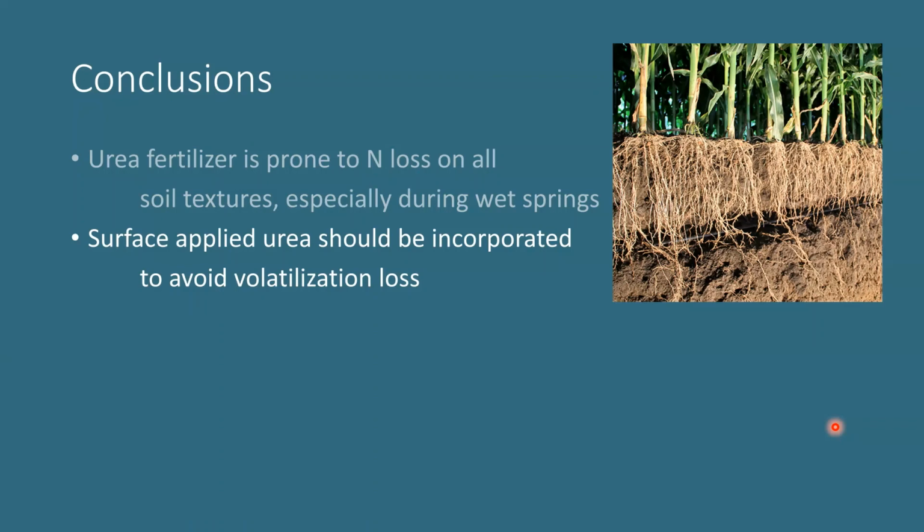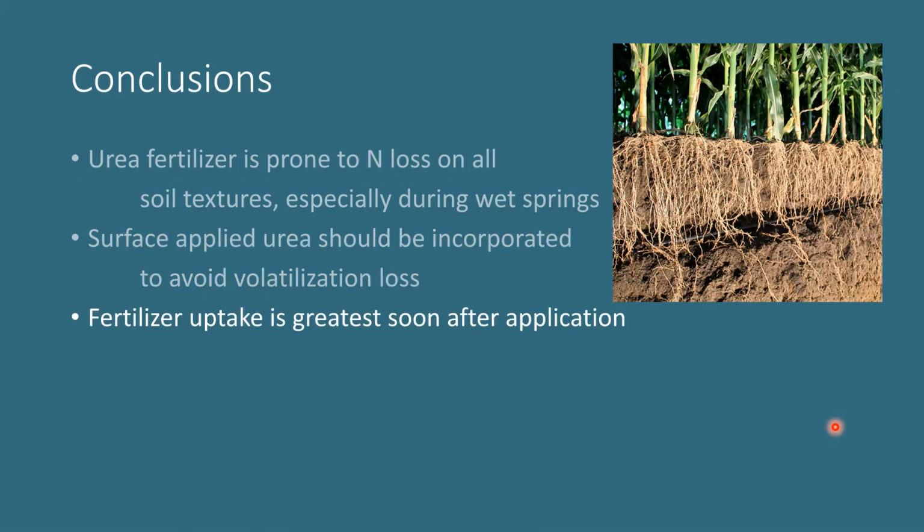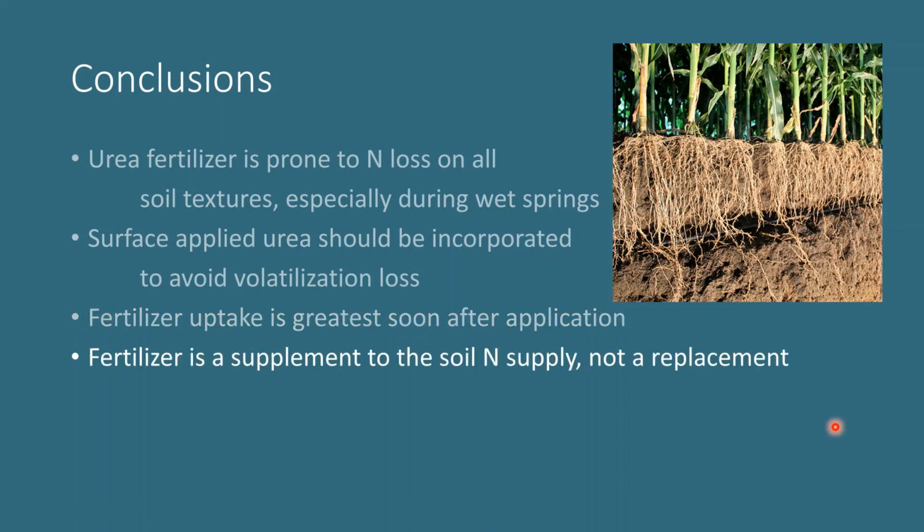Otherwise, you can have significant volatilization loss. And then fertilizer uptake is greatest soon after application, and that's really when that fertilizer treatment is having its greatest effect on the corn crop. And then the further away from that period of applying it, the less effect that fertilizer is going to have on corn grain yield.